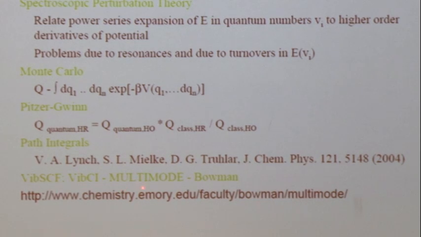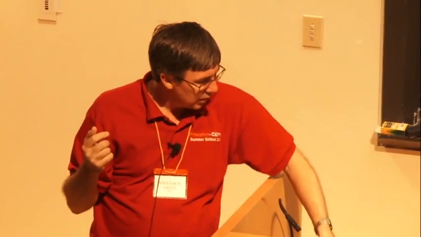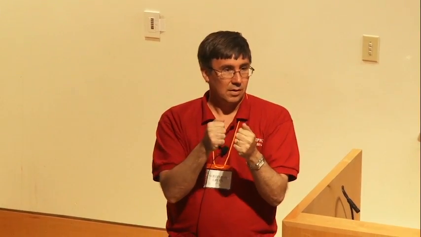And if you're really into it, there are two different kinds of anharmonicity. One is that if I look at V as a function of one bond length, it's not really a parabola. It might be the shape of a Morse oscillator or something like that.